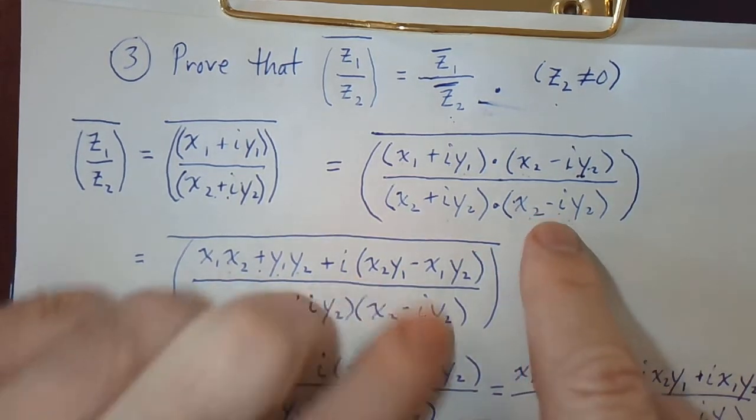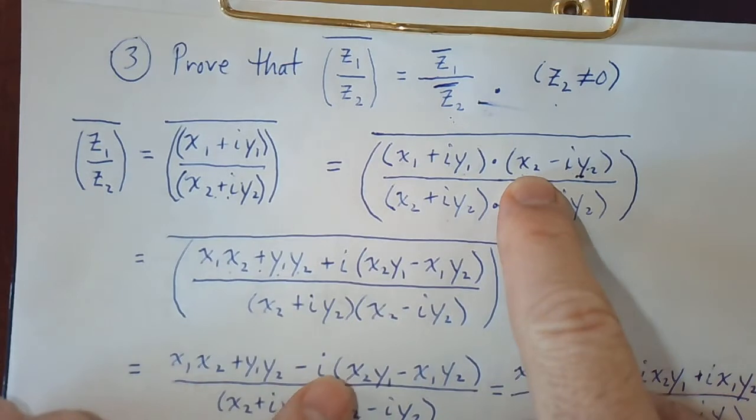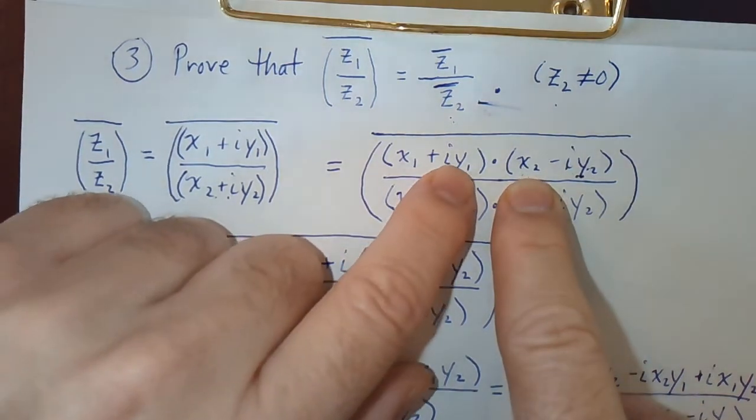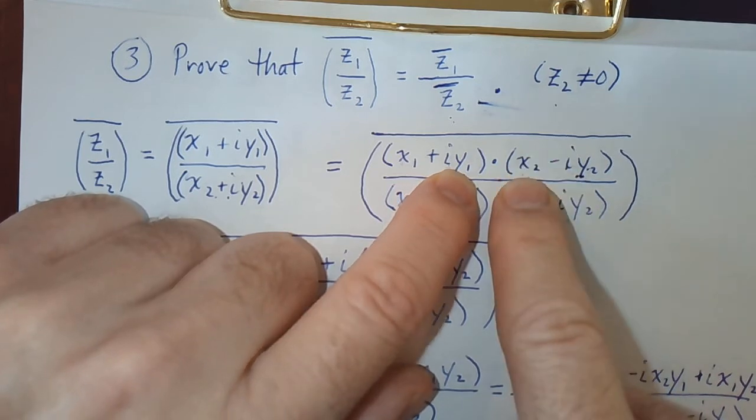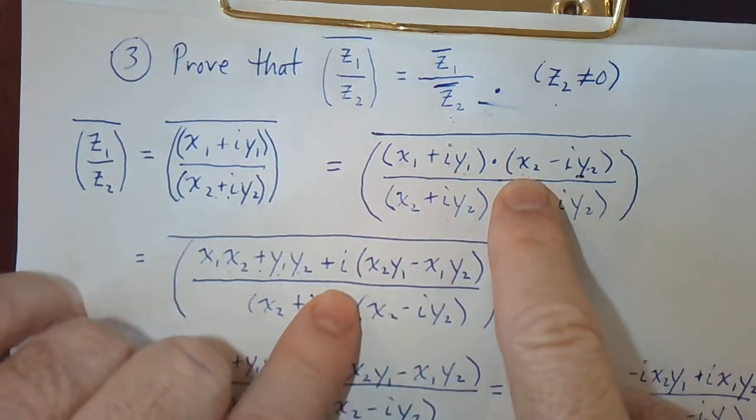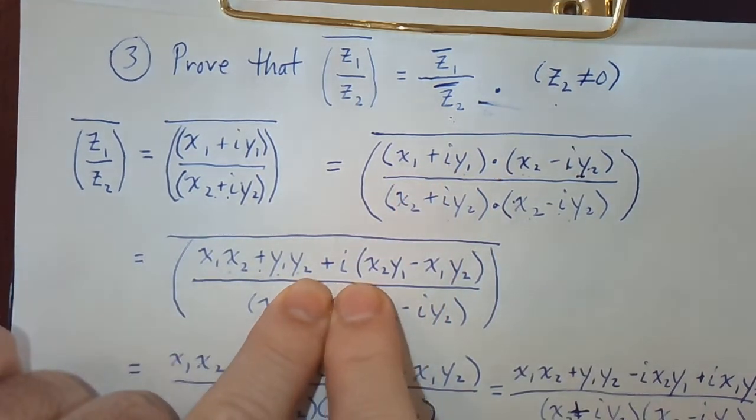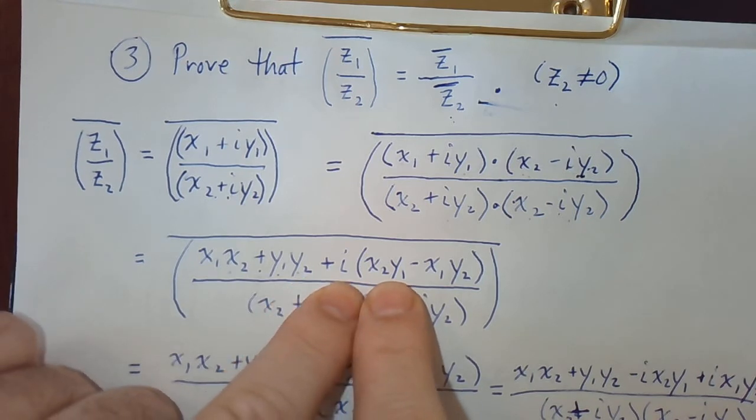Next, we will do the inner term, which would be i times x2, y1, which is what we have here. You'll notice I factored the i out.